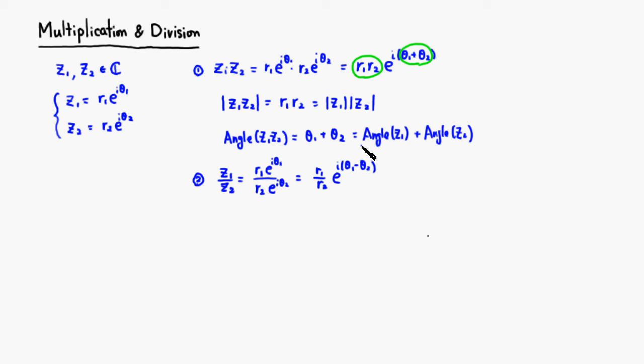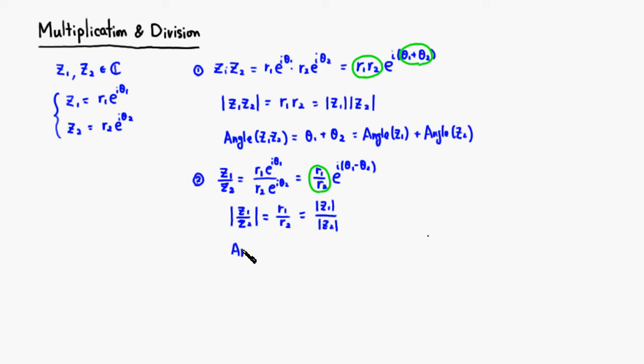So if you want to find the absolute value of Z1 over Z2, from the property of absolute value we can see that this is going to be R1 over R2 because it shows up right here. Which is the same thing as the absolute value of Z1 divided by the absolute value of Z2. How about the angle?